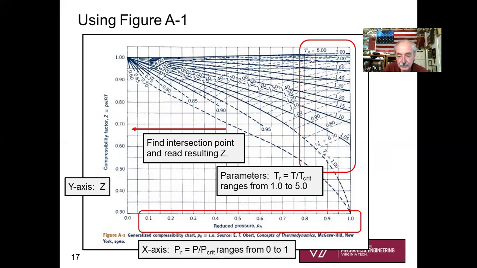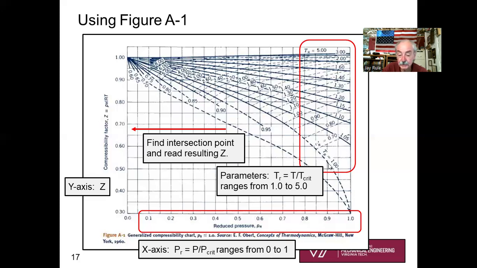And so here's your TR. It starts at 5 and comes down to 3, 2, 1.6, 1.4, 1.3, 1.2. And so these are your TR values, your reduced temperature values. And for this graph, it ranges from 1 to 5. Okay, here's TR equals 1. So in other words, your temperature is right at the critical point temperature. Okay, so be aware of that.